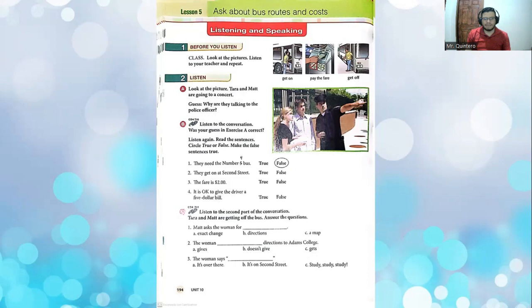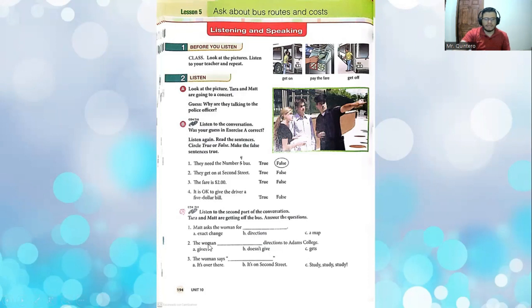Okay, what's number 1? Matt asked the woman for directions. Number 2, the woman gives, doesn't give, and gets directions to Adams College.